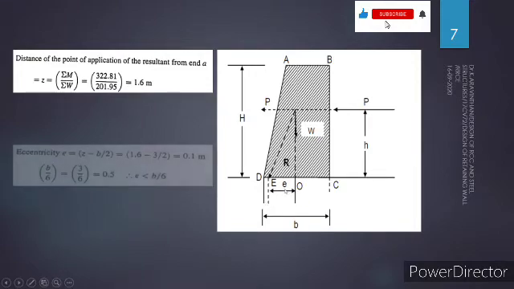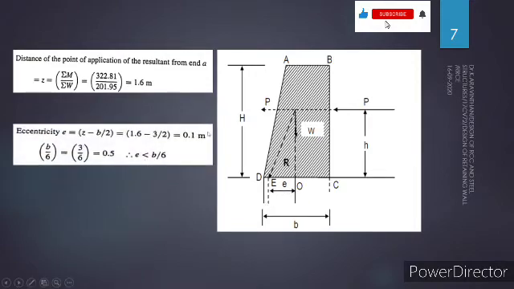It should be B by 6. So B by 6 is the limit of eccentricity. What is B? B is the width of the base slab, which is 3, so 3 by 6 is 0.5. Now our eccentricity is E equals Z minus B by 2. The width of the base slab is 3 meter and the centroid will act exactly at 1.5.